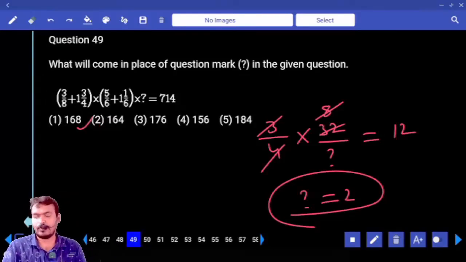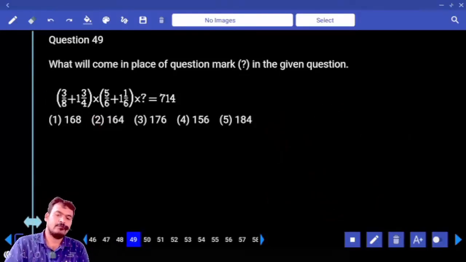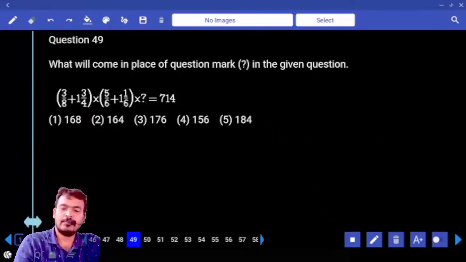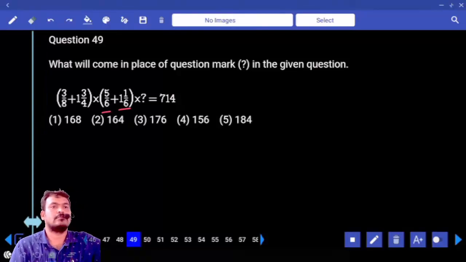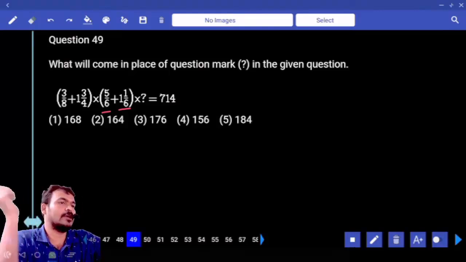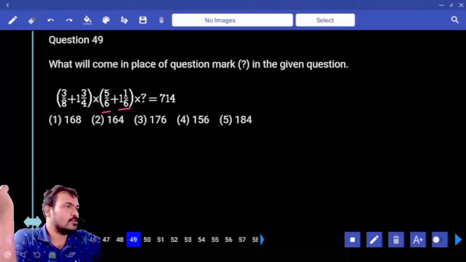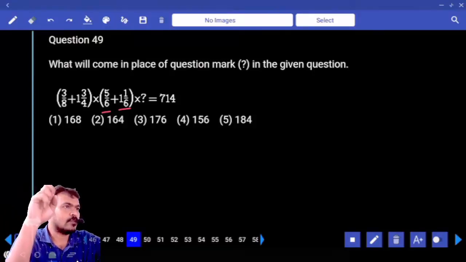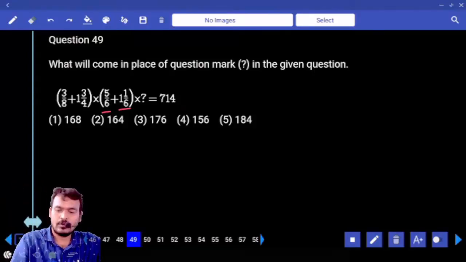Next, question number 49. First priority, bracket value. First, 5 by 6 plus 1 1 by 6, almost 2. 5 by 6 plus 1 by 6, 1 plus 1, 2.